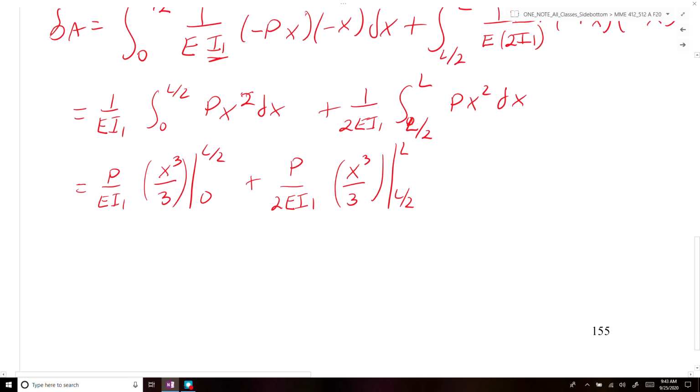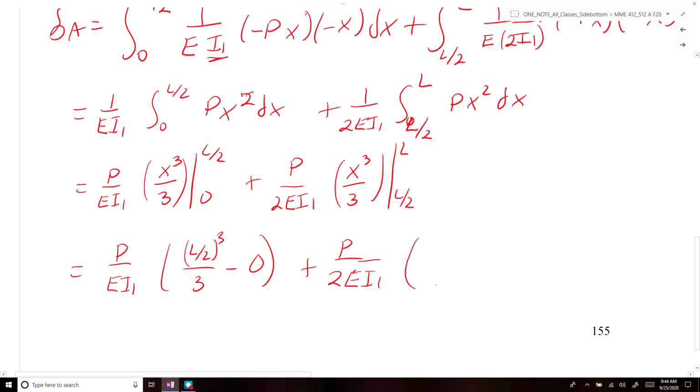So if we evaluate these terms, we'll get P over EI1 times L over 2 cubed over 3 minus 0. And then the second integral will be P over 2 EI1 times L cubed over 3 minus L over 2 cubed over 3.